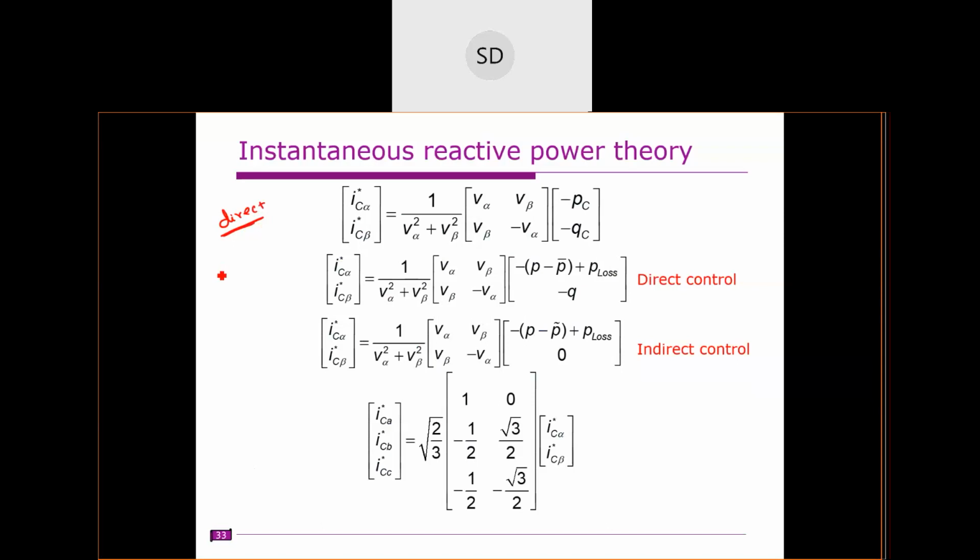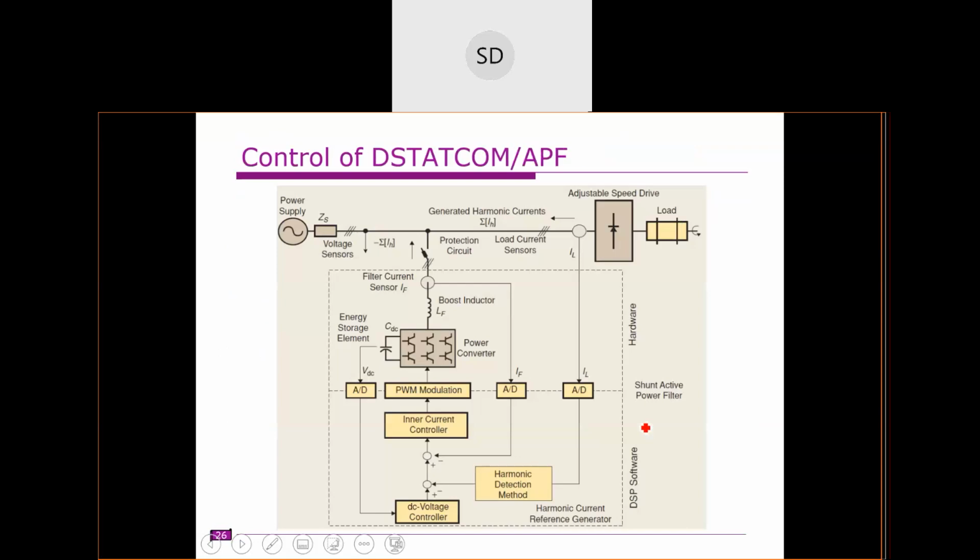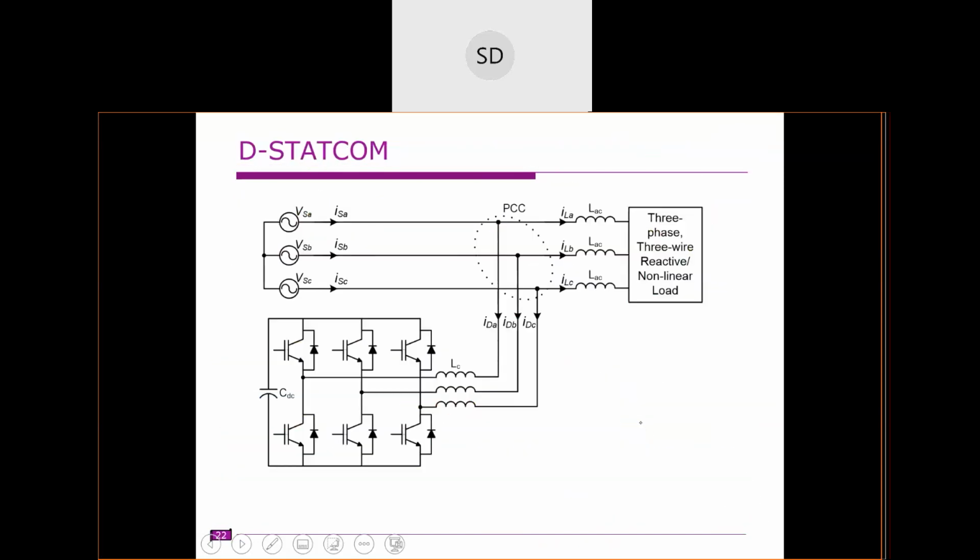You remember that, right? If you assume this is direct, P consists of PAC and PDC, and here also Q consists of QAC and QDC. From the source side we have only PDC, and Q is 0. Let us assume that we are using this direct method.